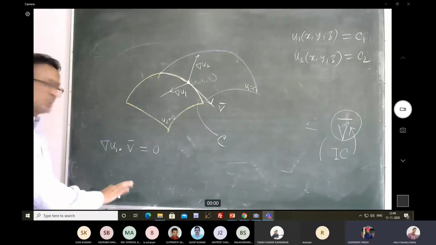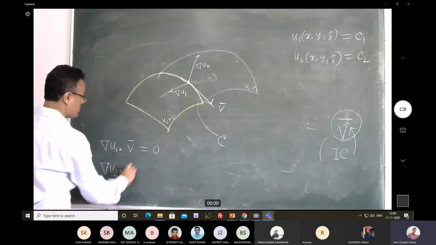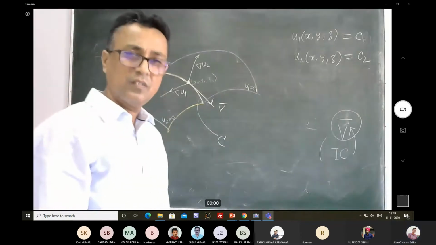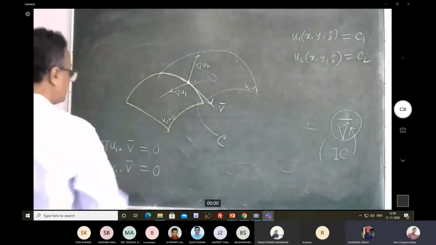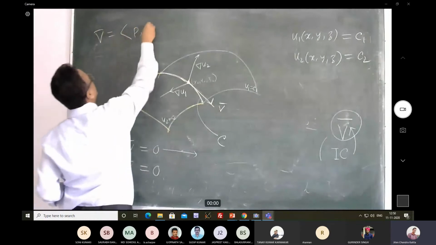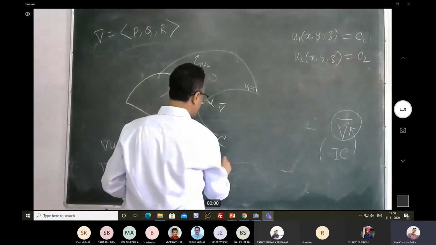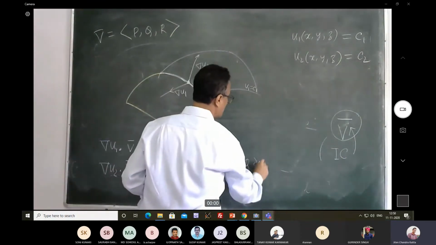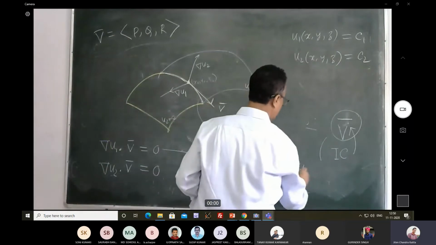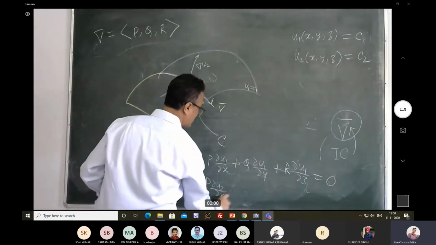Similarly for grad u2. So if the vector V is given by P, Q, R, this is simply going to be P del u1 del x plus Q del u1 del y plus R del u1 del z equal to 0. Similarly, from the other one also, I will get this.